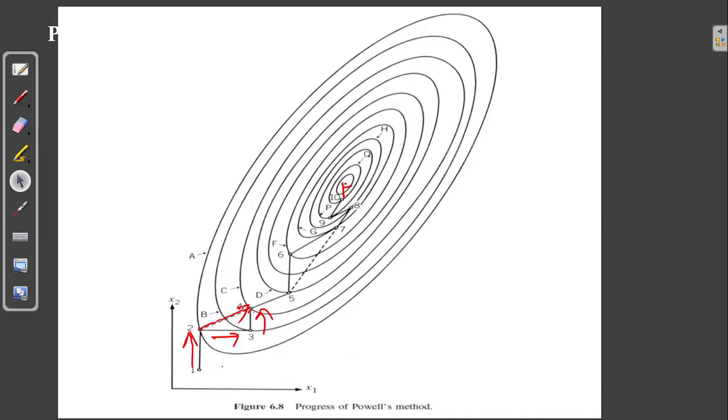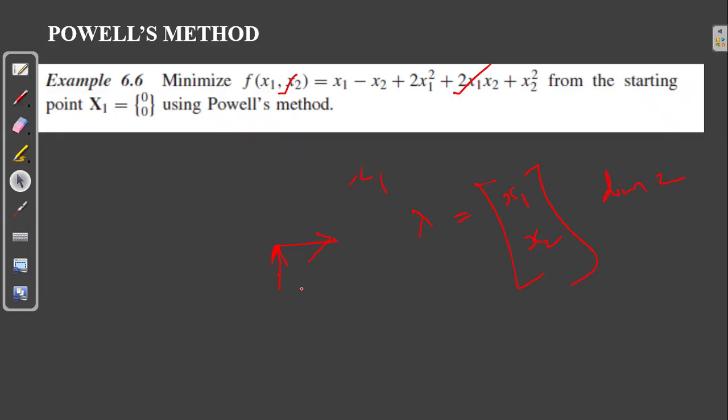In Powell's method we go in cycle 2 in the sp1 direction.